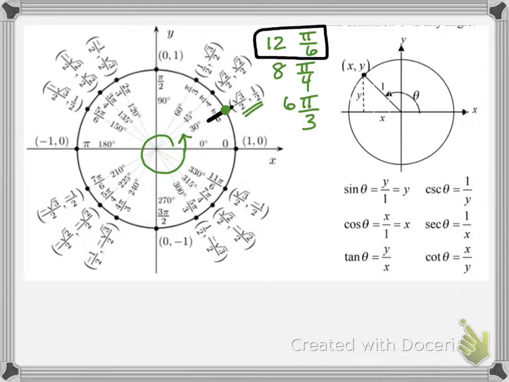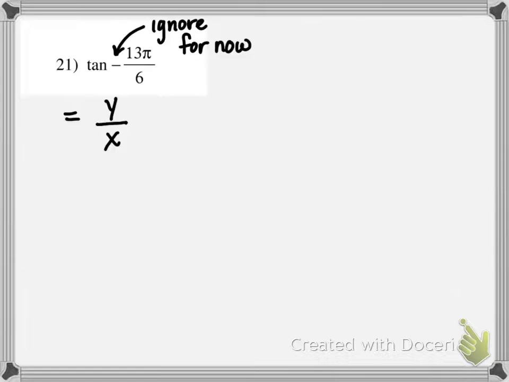So y is 1/2, the other one is square root of 3 over 2. So I'm going to come over here and say 1/2 over square root of 3 over 2. And now what I'm going to do is cancel out the 2's, all right, and reduce it now to 1 over square root of 3.